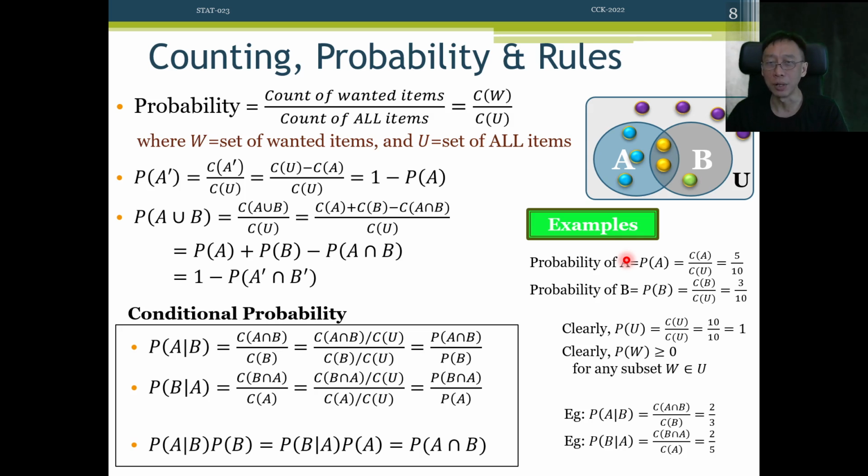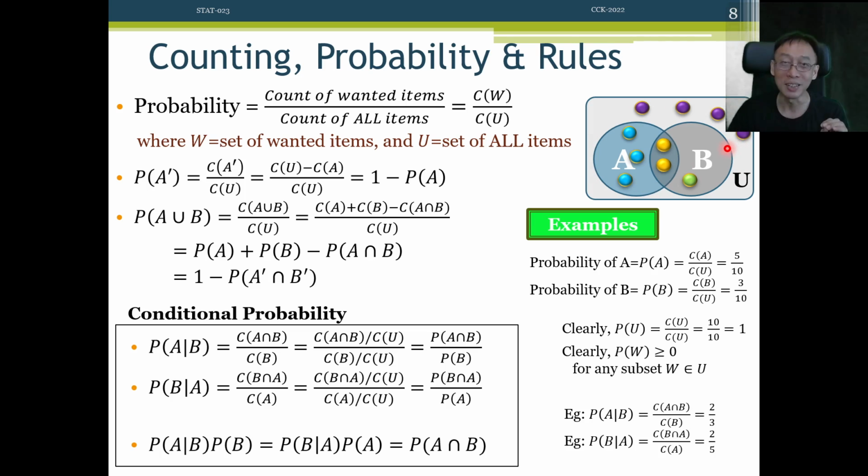Now you can answer that question, right? By using, again, don't go by intuition, go by definition. So we count the number of balls in A, 5, and we divide by count of all items in the universal set. That's always 10.